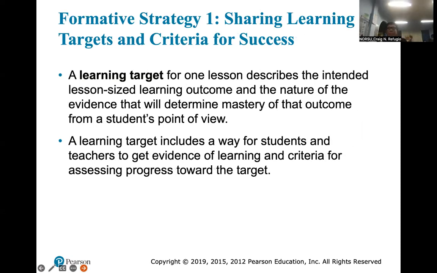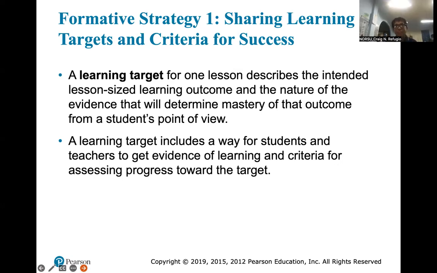So formative strategy number 1, sharing learning targets and criteria for success. A learning target for one lesson describes the intended lesson-sized learning outcome and the nature of the evidence that will determine mastery of that outcome from a student's point of view. So take note, it is highlighted in their learning target.